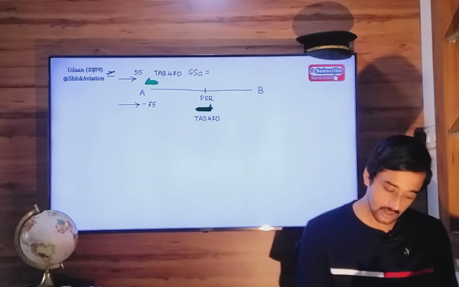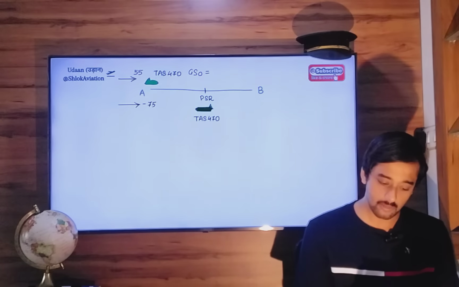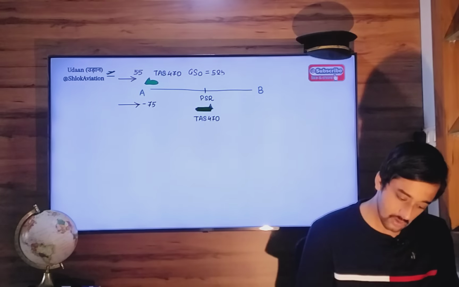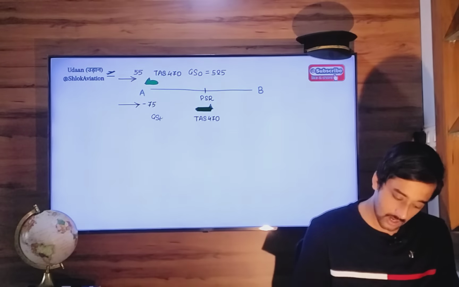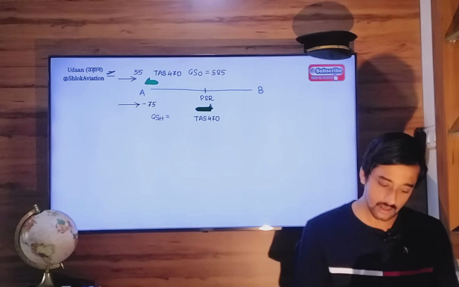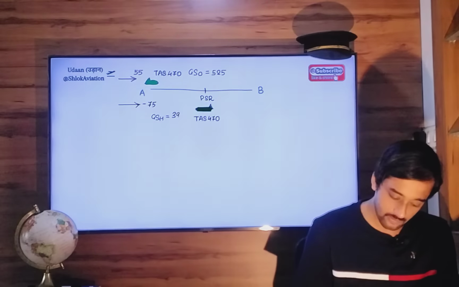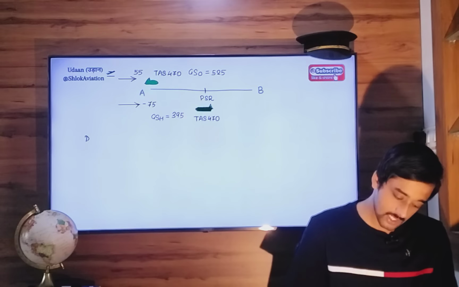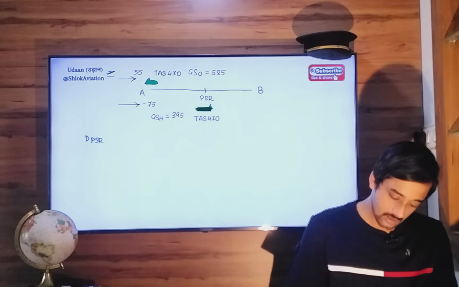True airspeed 470 plus tailwind 55, that is 525. What will be the homebound ground speed? 470 minus headwind 75, that is 395. Now let's use the distance to point of safe return formula.